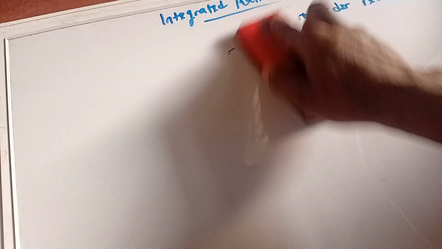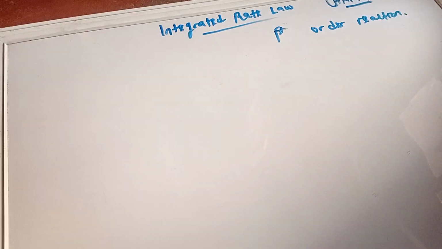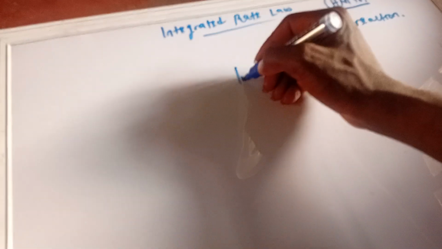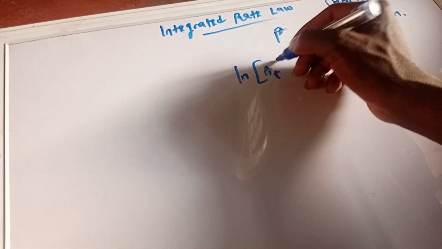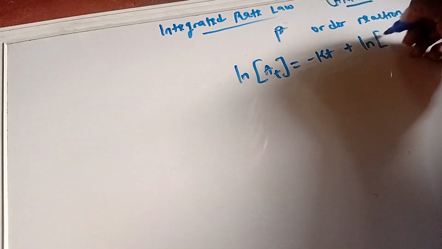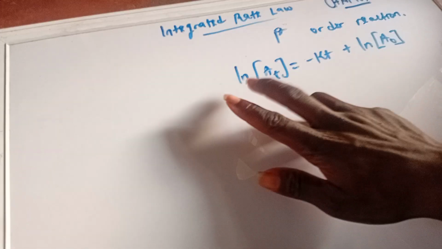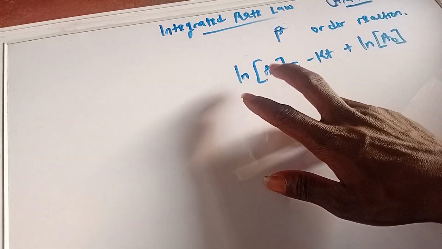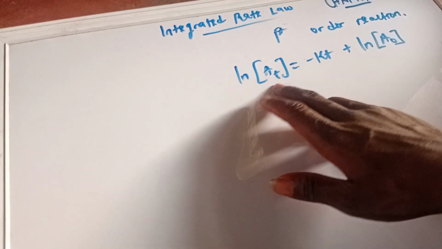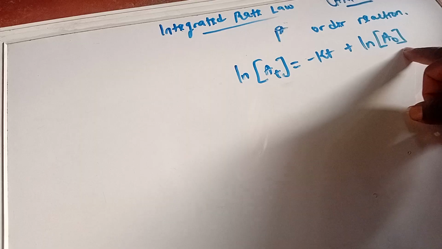Now for the first order reaction, we are still going to solve questions involving calculations. For the first order we have ln[A]t equals minus kt plus ln[A]0, where this is the ln of the concentration at a particular time t, this is the rate constant, and this is the ln of the initial concentration.